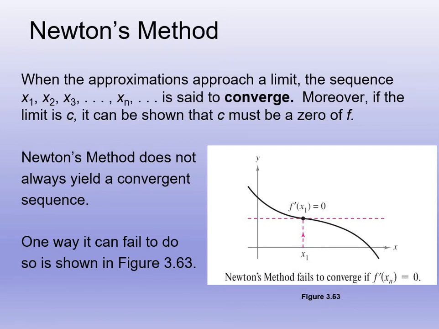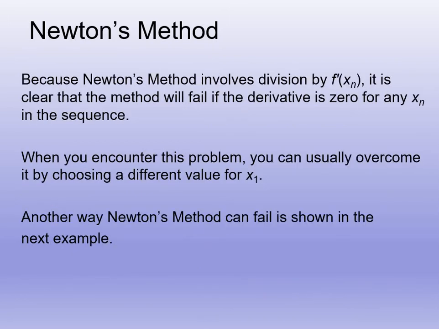When we have an issue like this where f prime is 0, we have to choose a different approximation to overcome it. Newton's method will fail to converge if the derivative is 0 in that sequence. If that comes out that way, you have to choose a different x1 value to start out with. That's a way to get through when that happens.